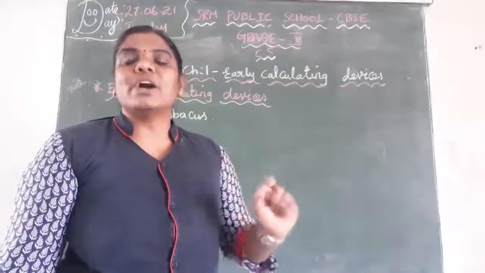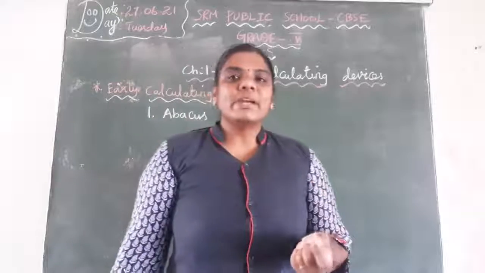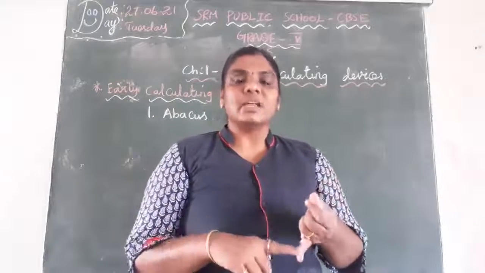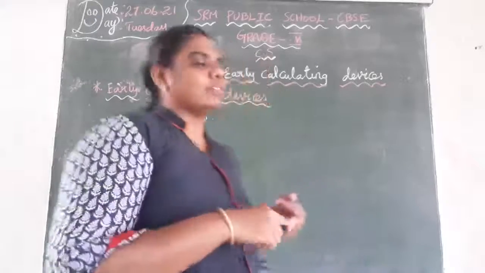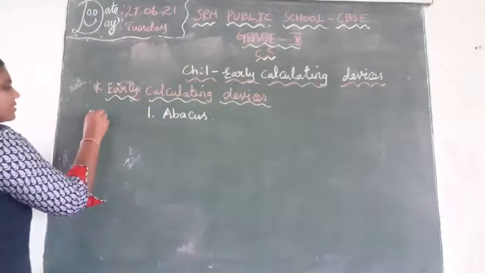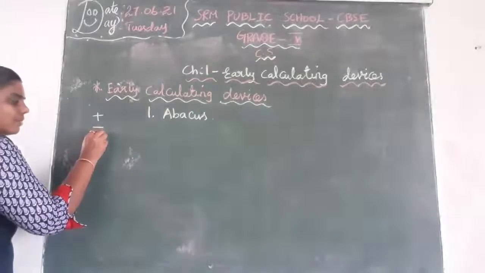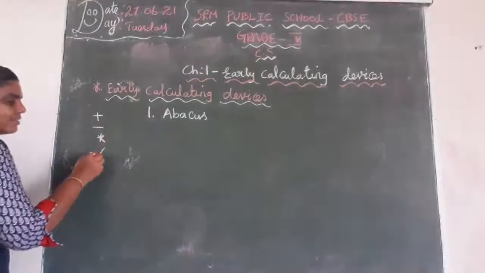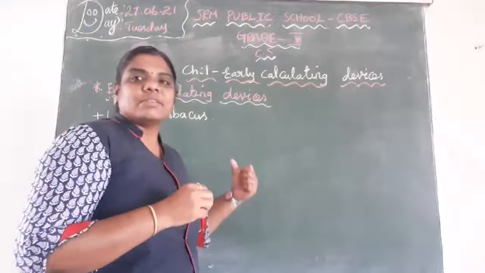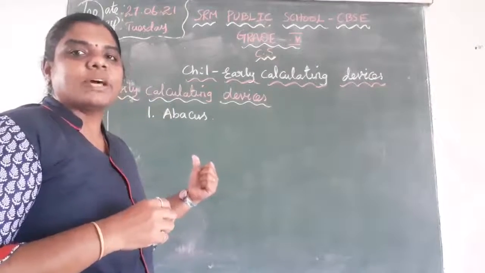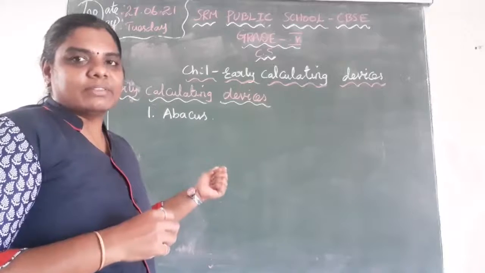For arithmetic operations. What are the arithmetic operations? Plus, that means addition, subtraction, multiplication and division. Plus, minus, multiplication, division. So these are the arithmetic operations. For this purpose, people used the abacus device.